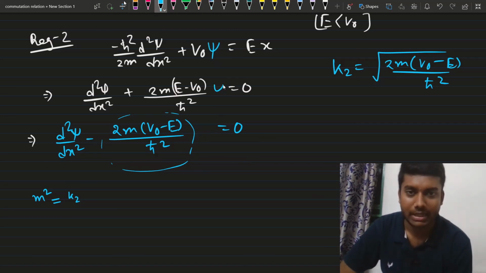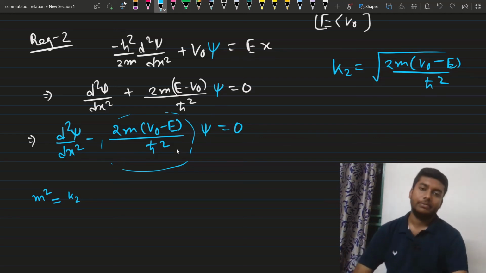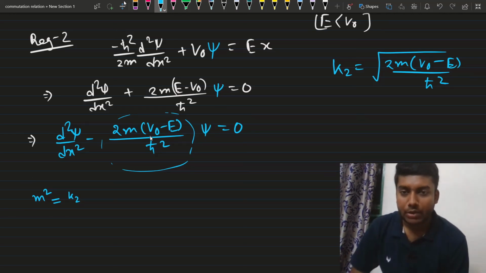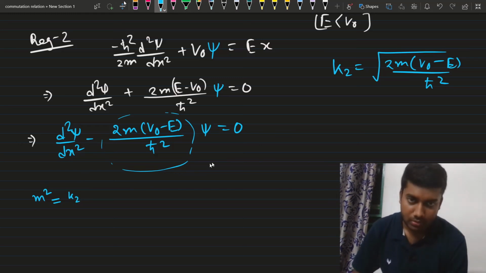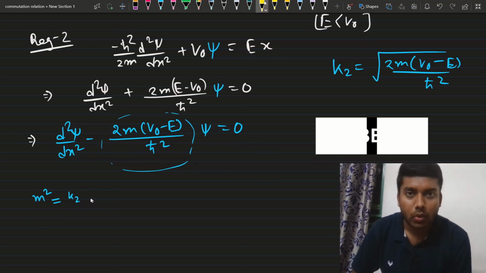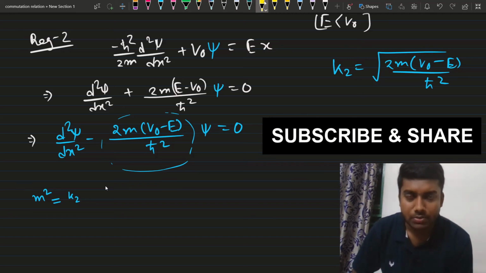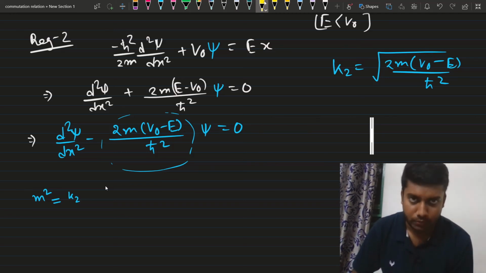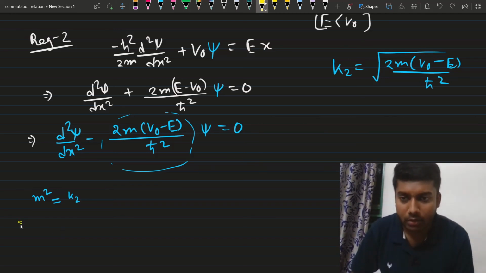If we want to solve this differential equation, that will be very easy. m squared will be equal to k2 squared, so the value of m will be plus minus k2.